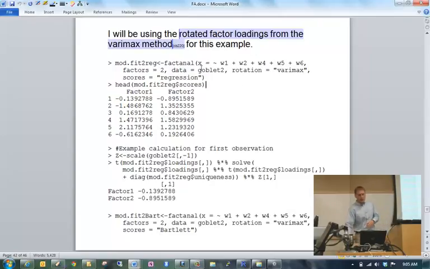You would just use this one call to the function. I had three different calls because I was trying to illustrate what the function does. Okay, so for the first observation, common factor 1 has a score of negative 0.139, and common factor number 2 has a score of negative 0.895.